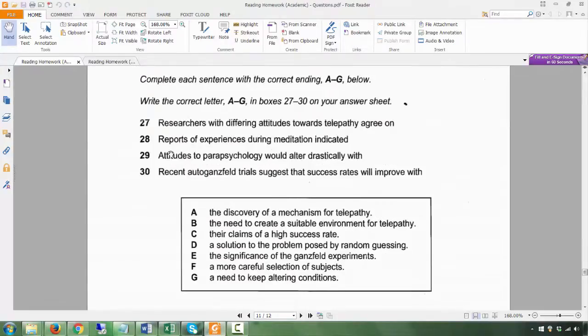If that's so, attitudes would drastically change if there's a discovery of a mechanism for telepathy. Okay, and lastly, 30.